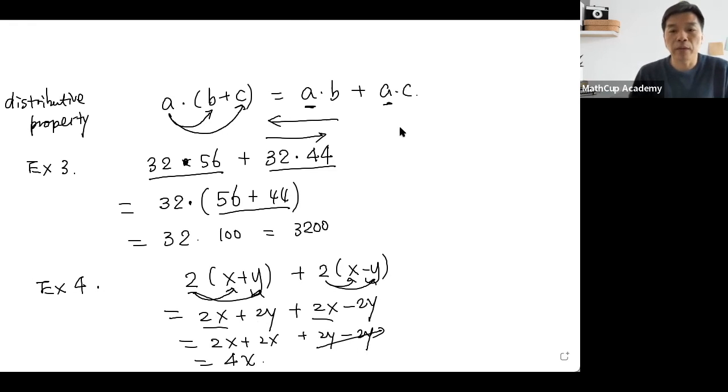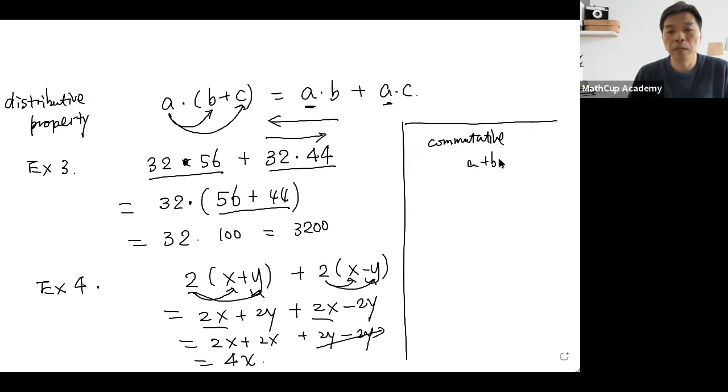Okay, so we talked about addition and multiplication being commutative: a plus b equals b plus a, or a times b equals b times a.